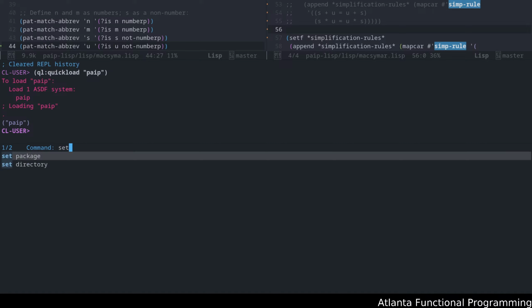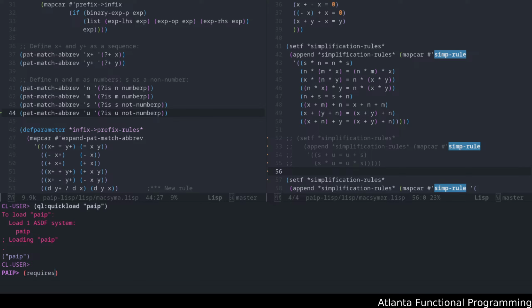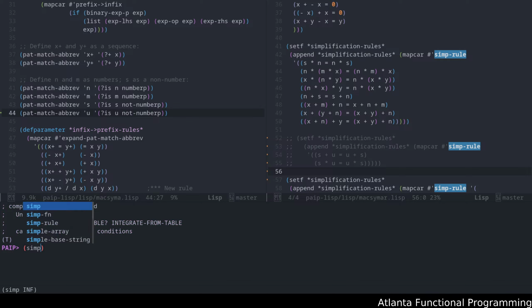So we do set package PAIP requires Macsyma R. Okay. And now let's call simp on. Oops.